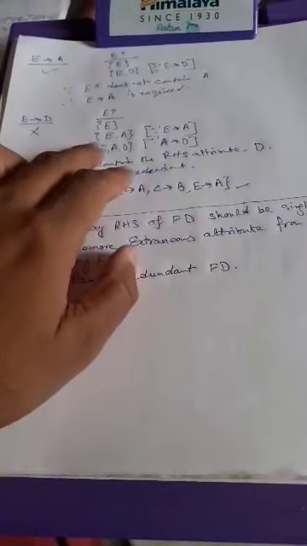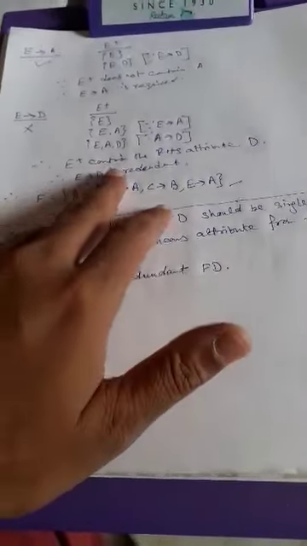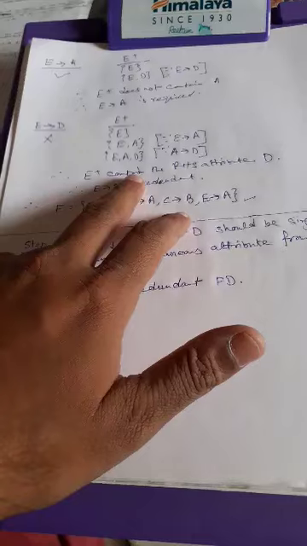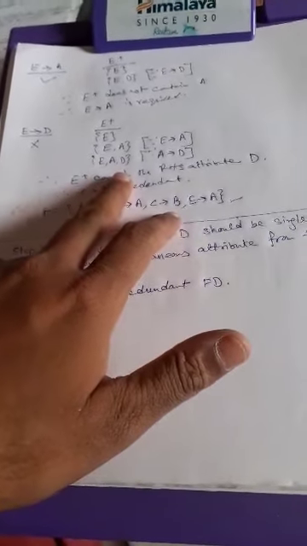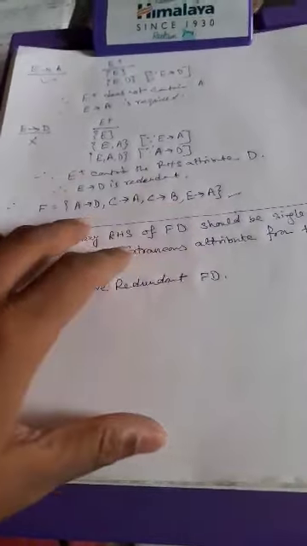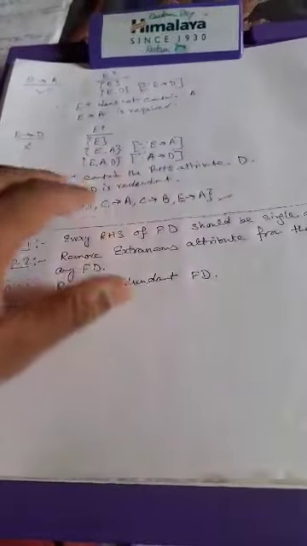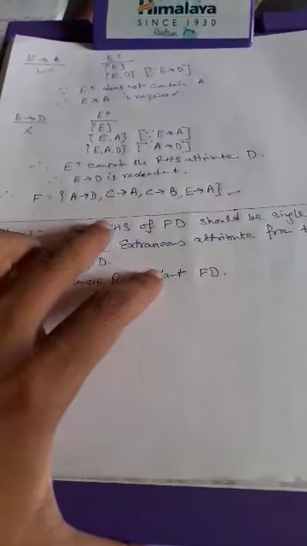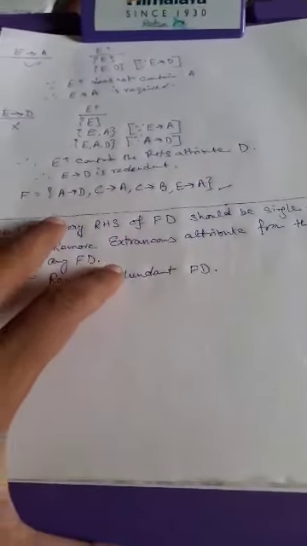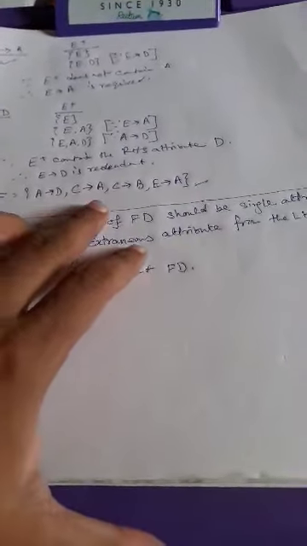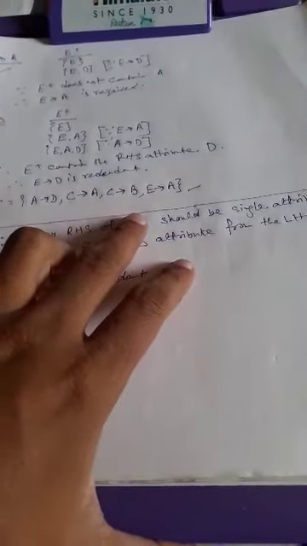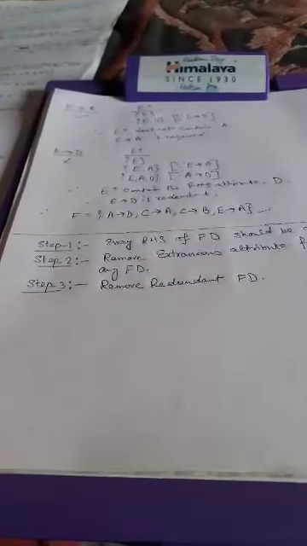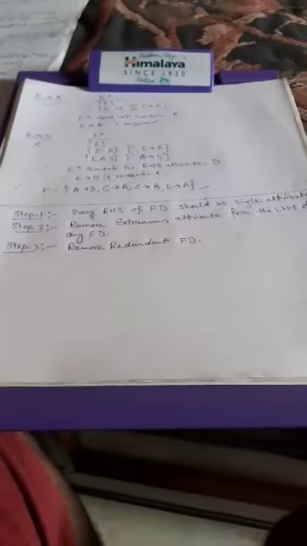Now for E arrow D, again we find the E closure, and we see that E closure contains the element D, and hence E arrow D is redundant, and we discard this. The minimal set of functional dependency becomes, for this example, A arrow D, C arrow A, C arrow B, and E arrow A. So thank you for now.